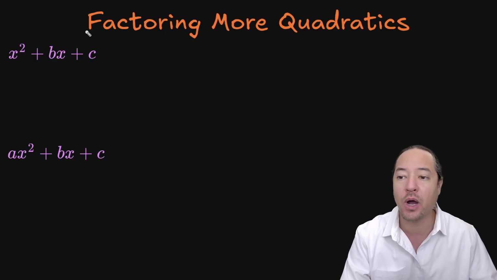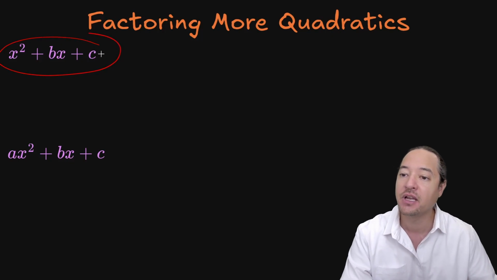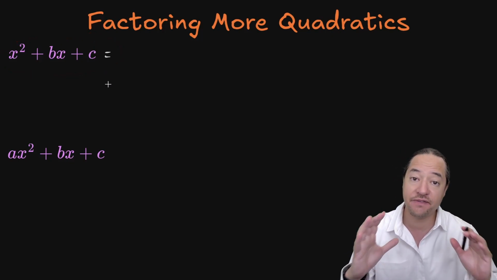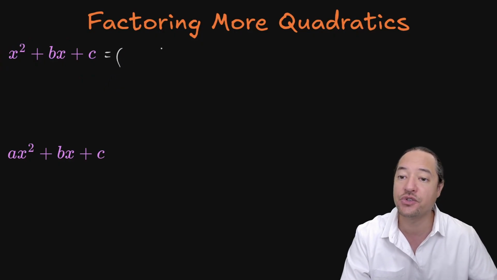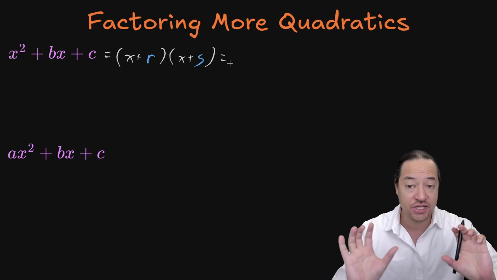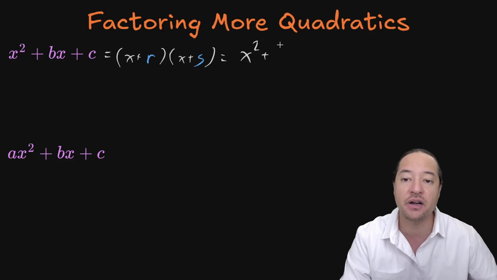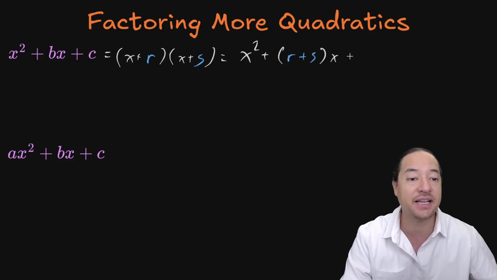Let's quickly review how we factor expressions of this special case first. What we said was we can factor this into essentially two binomial products. There'll be some kind of x plus something times an x plus something. We call this x plus r and x plus s. If you take these two factors and you FOIL them together, then what we'll get is x squared plus (r plus s) times x plus r times s.